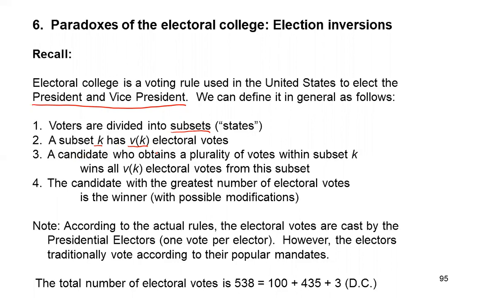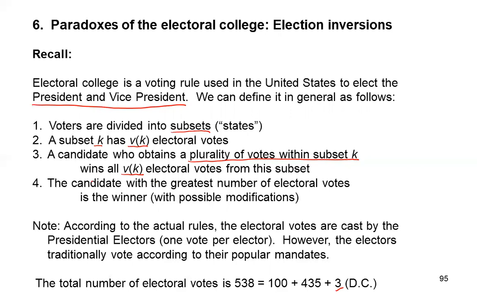In addition to this, Washington, D.C. has 3 electoral votes. A candidate who obtains a plurality of votes within the subset K wins all electoral votes from the subset, with a few exceptions from this rule.